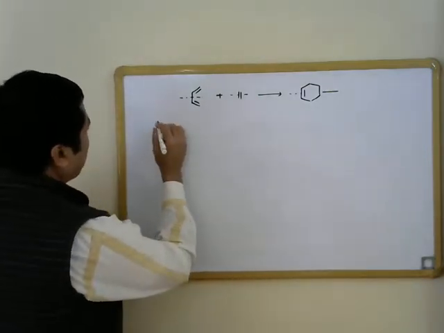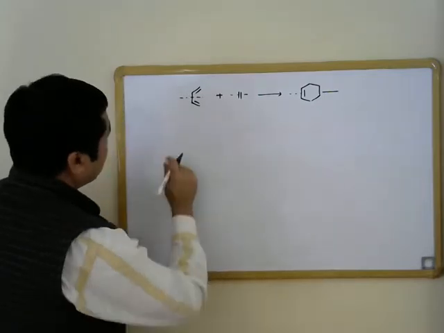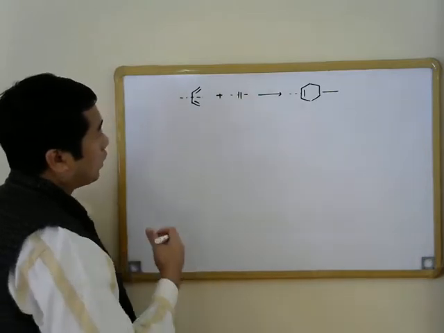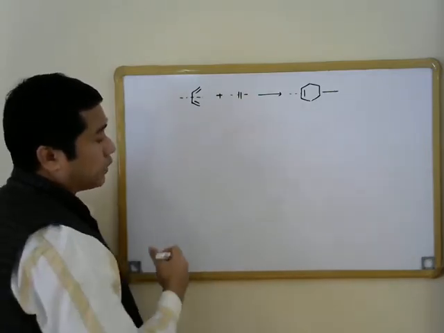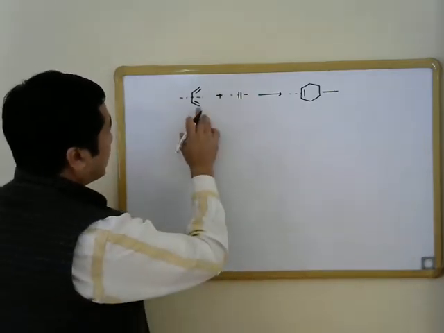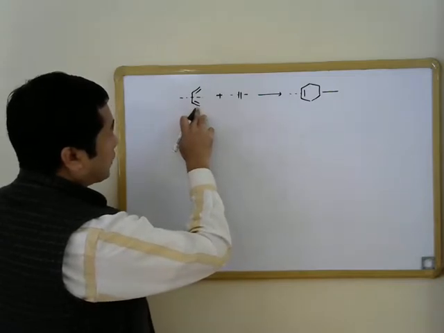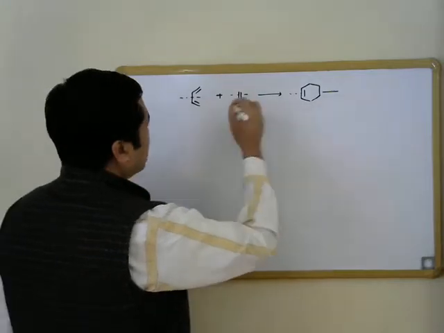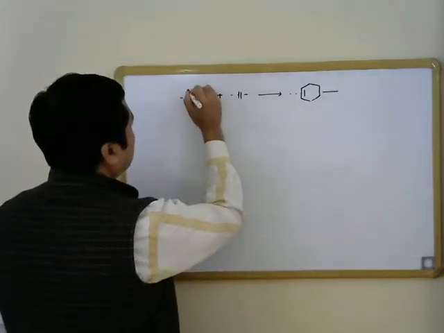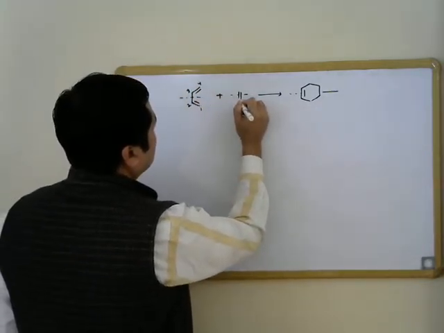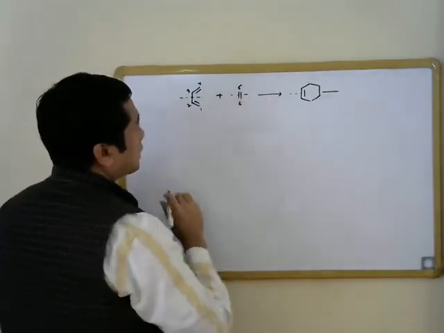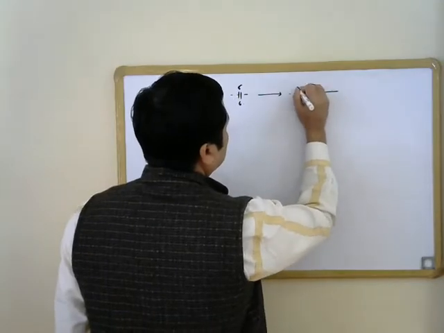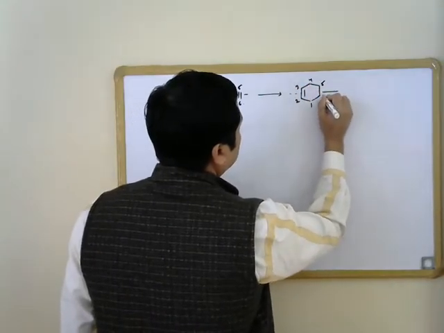So then let's draw the molecular orbitals of these which are going to participate in this Diels Alder reaction. What we see is that the double bonds in the diene are converted into, because if I label this as 1, 2, 3, 4 and then 5 and 6, then what we see is that this is 1, 2, 3, 4, 5 and 6.